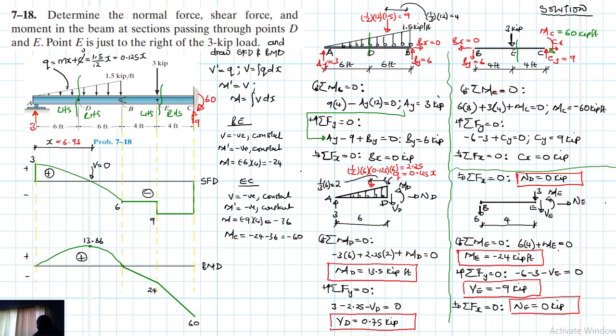And finally we have a closure. You've seen we have a 60 at C, which is clockwise.